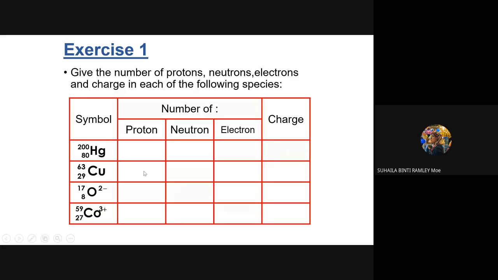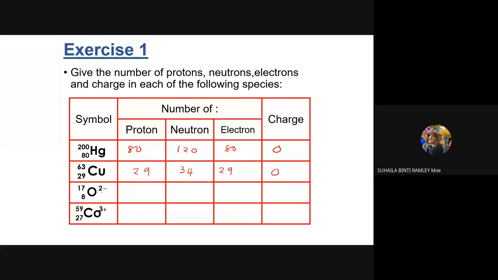The next one, copper: proton 29, neutron 63 minus 29, which is 34, electron 29, also charge 0.